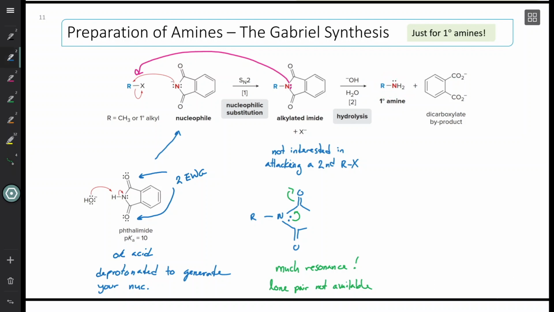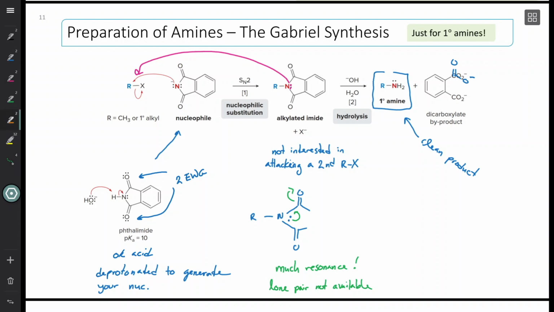And what's nice about this is that you just get one primary amine as your clean product, and you have a carboxylate byproduct. It's O minus, right? Because this is basic conditions.